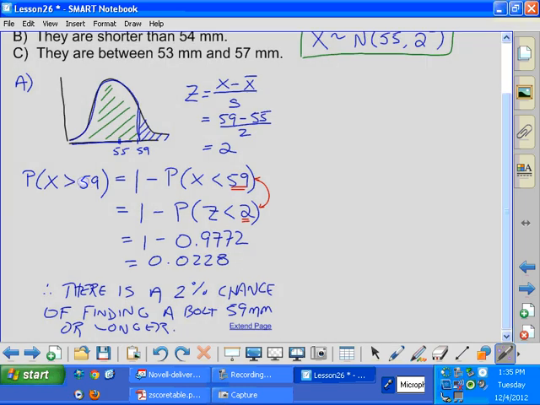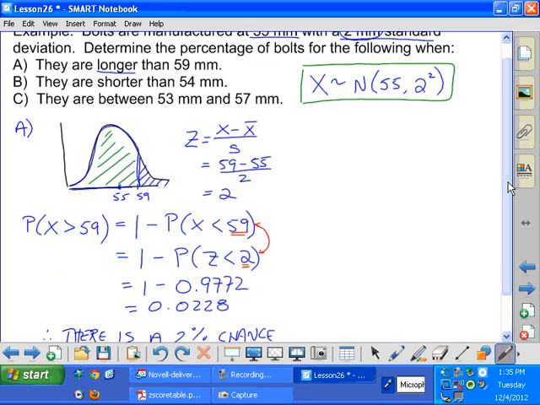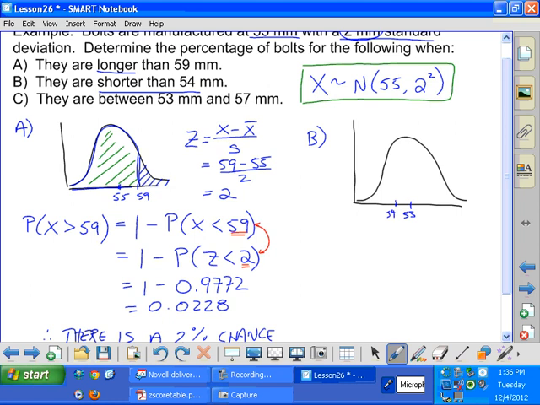Okay, B part. What's the probability that they are shorter than 54? Again, I'm going to start with the diagram so it's a little easier to visualize. Here's my 55, and 54 is right there. Because I want shorter than, I'm looking for all the bolts on this side.